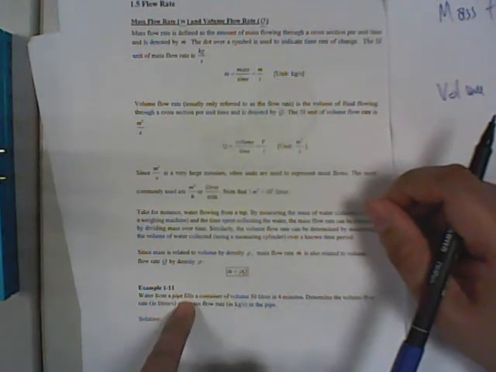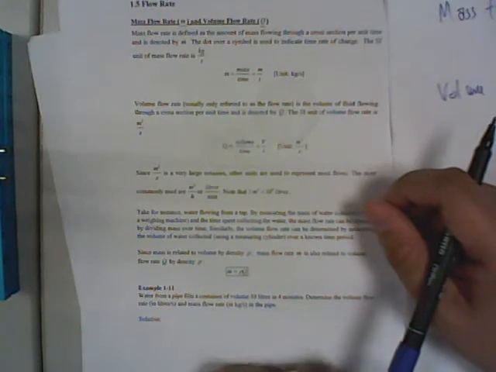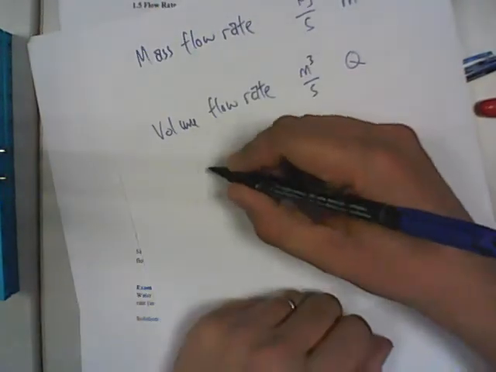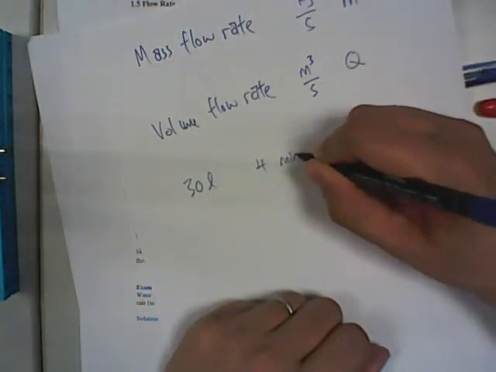The water from the pipe or the tap fills a container of 30 liters in 4 minutes. So your key numbers are 30 liters and 4 minutes.